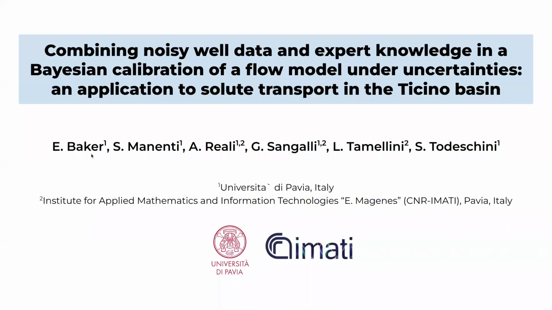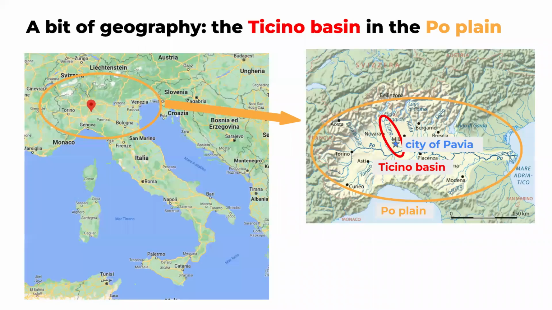It's a joint effort with Emily Baker, now back to the US but previously a postdoc at Pavia, and a bunch of other people from the Department of Mathematics and the Department of Civil Engineering of Pavia. This is an application talk, so I expect a lot of practical stuff and maybe not so much new math, but let's see if I can make it interesting anyway.